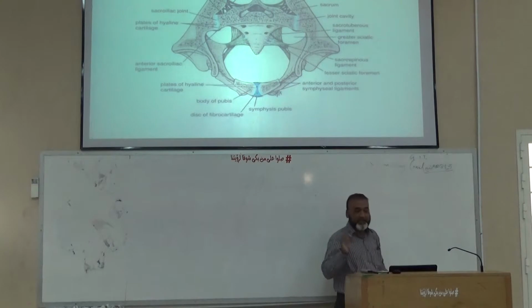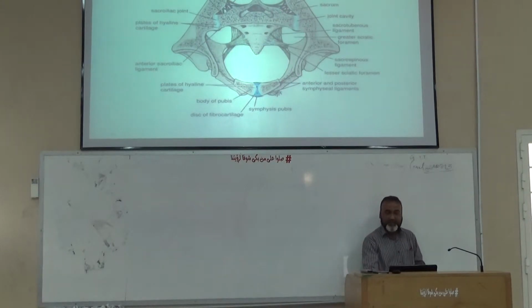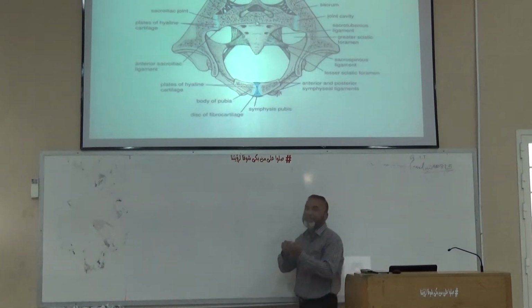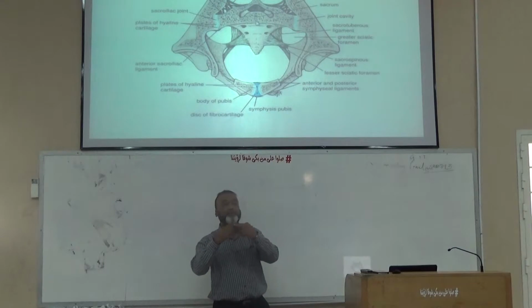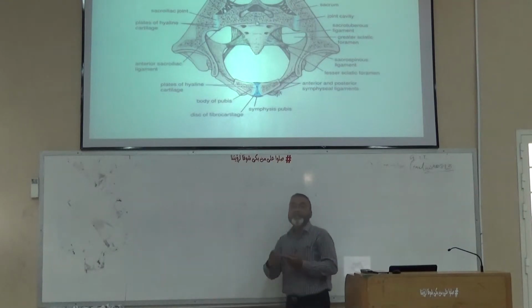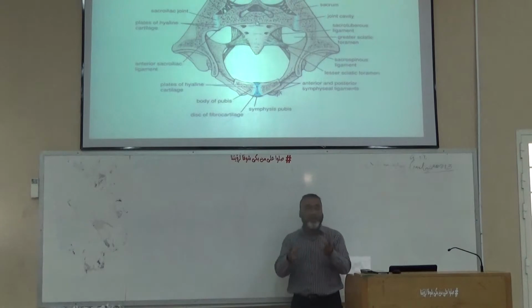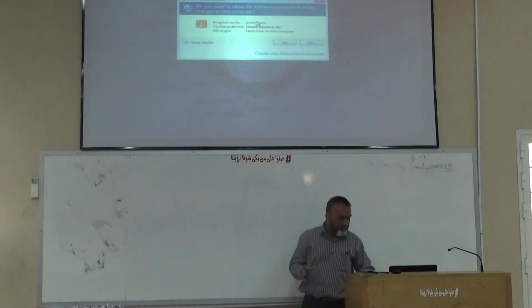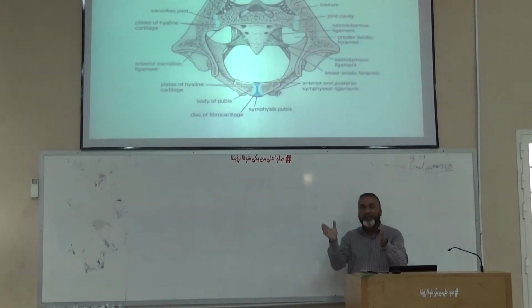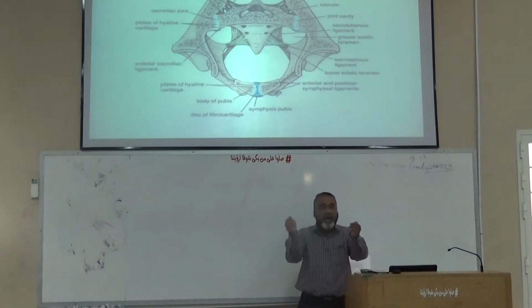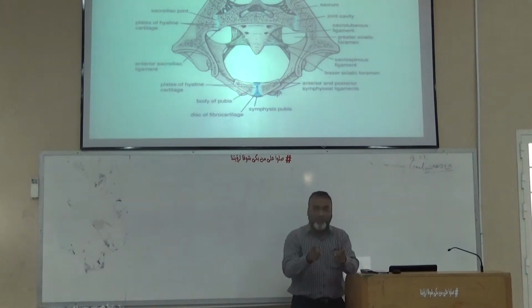The anterior sacroiliac ligament is very thin in its texture, not as strong as the posterior sacroiliac ligament. So the anterior, posterior, and the third group is the interosseous ligament, which is present between the articular surfaces of the two bones.